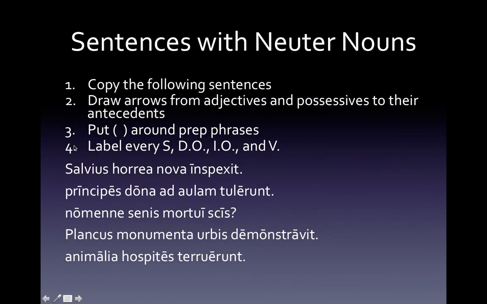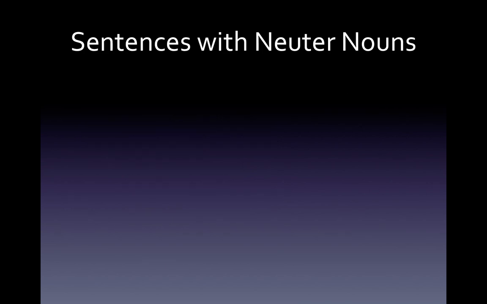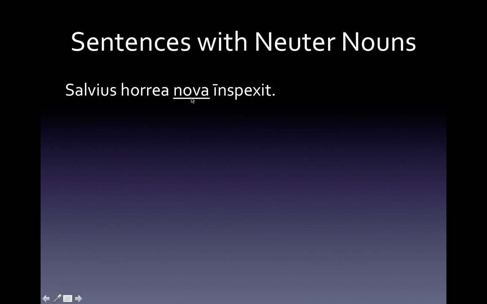All right, pause for a moment, copy down these sentences, and then follow these directions to label them. All right, so let's take a closer look at those sentences. Salvius horrea nova inspexit. Nova is an adjective, so I have it underlined. First, we need to look and see what it is modifying.